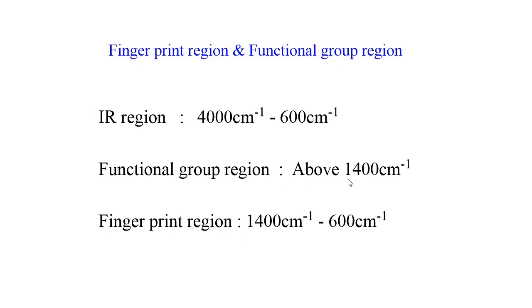The region above 1400 centimeter inverse, where the functional groups absorb the IR radiation, is usually referred to as the functional group region, while the region between 1400 centimeter inverse and 600 centimeter inverse is referred to as the fingerprint region.